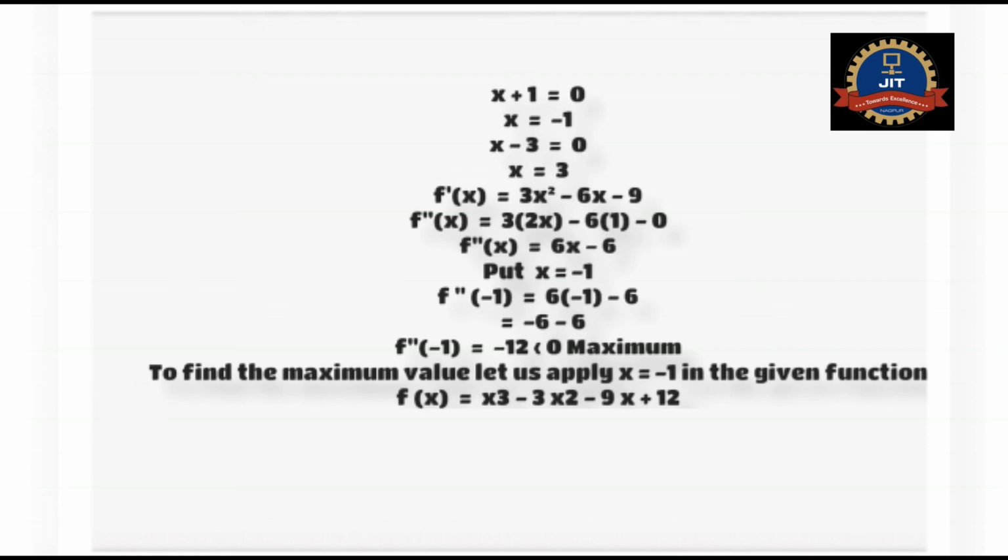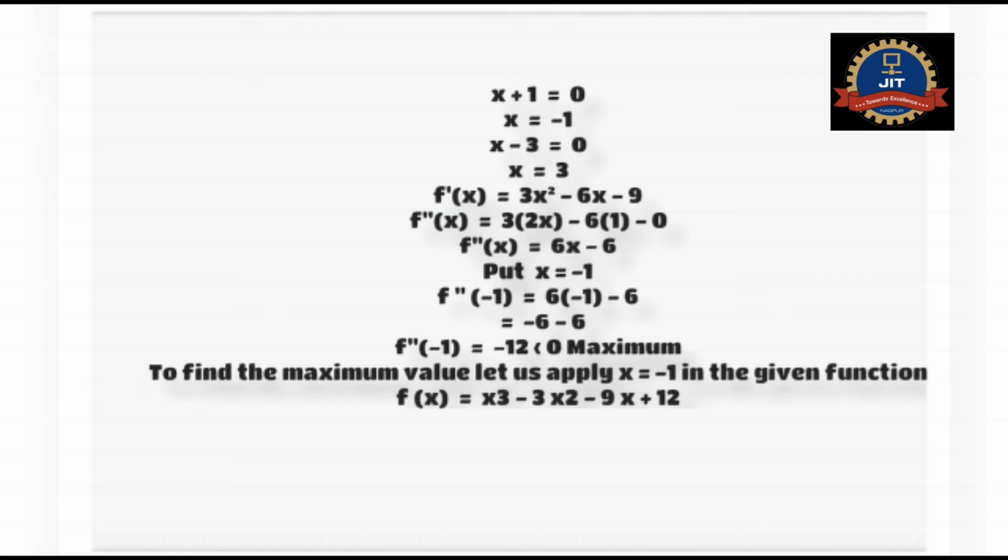Therefore, f double dash of minus 1 will be equal to 6 into minus 1 minus 6, that is minus 6 minus 6, that is f double dash of minus 1 will be equal to minus 12, which is less than 0. Therefore, the function is maximum. It proves that the function is maximum.